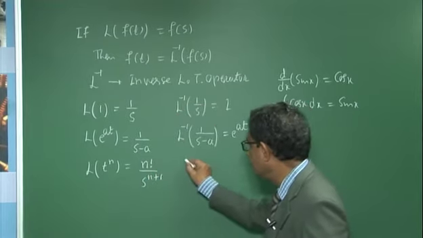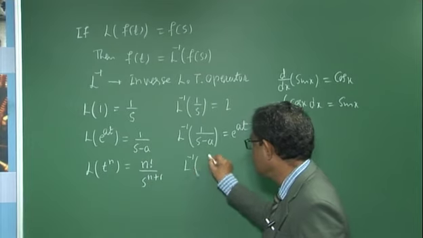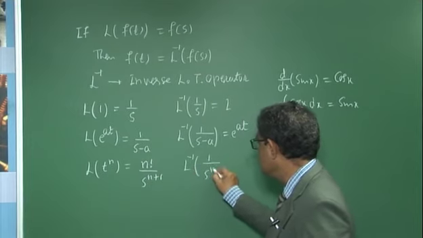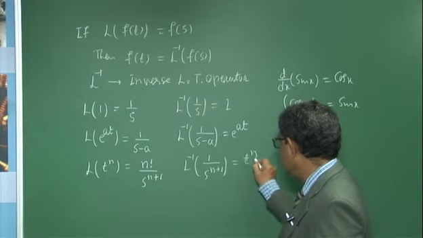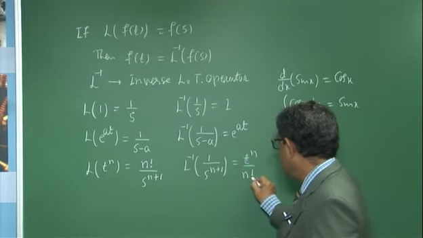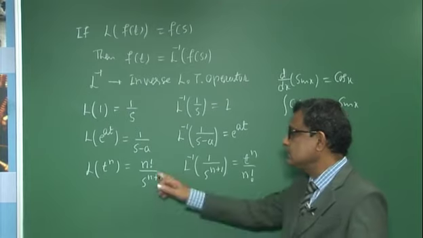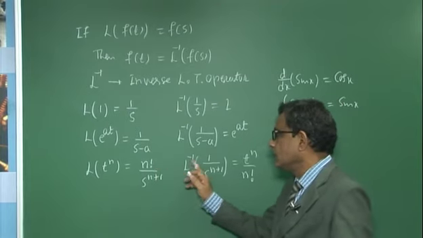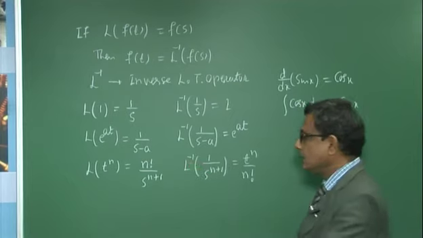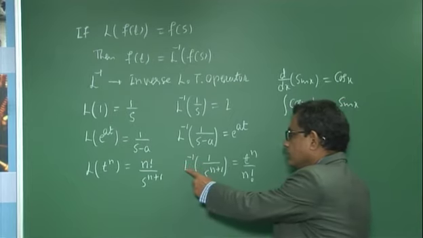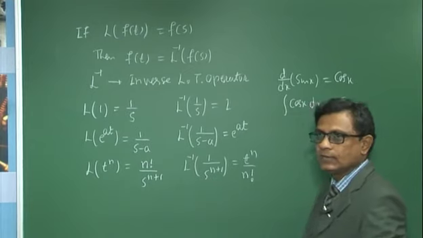We can write it as L inverse of 1 divided by s raised to n plus 1 is t raised to n divided by n factorial. Here this n factorial is a constant. We have taken it outside the inverse Laplace transform operator and cross multiplied.